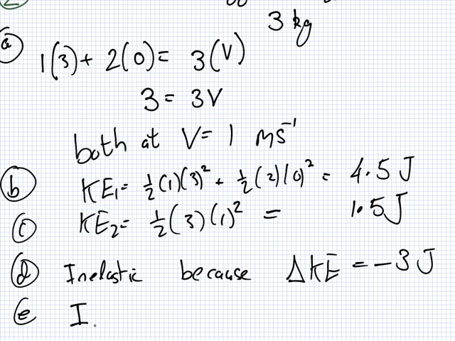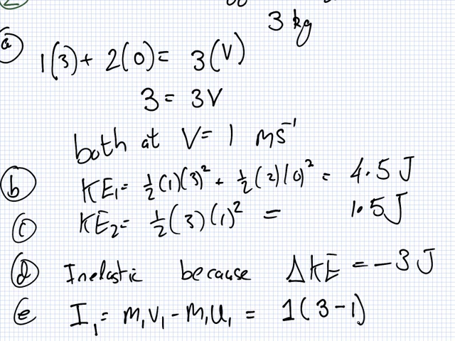So for trolley 1, it will be M1V1 minus M1U1. What's the M here? For trolley 1 it's 1. And the V1 is 3 minus 1.